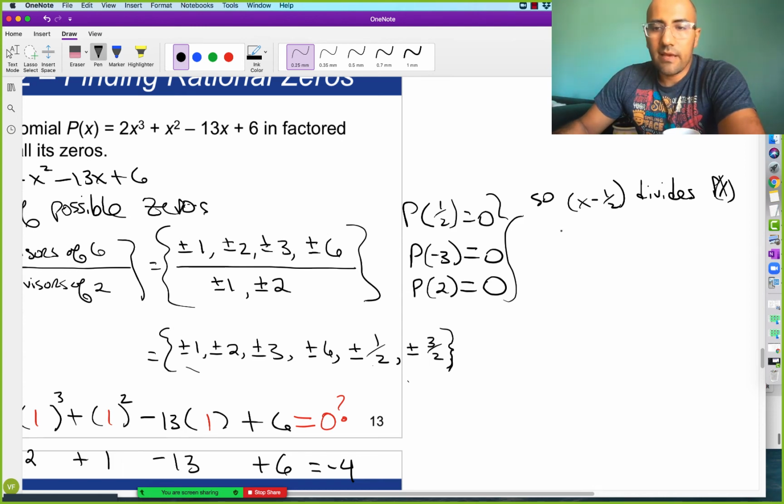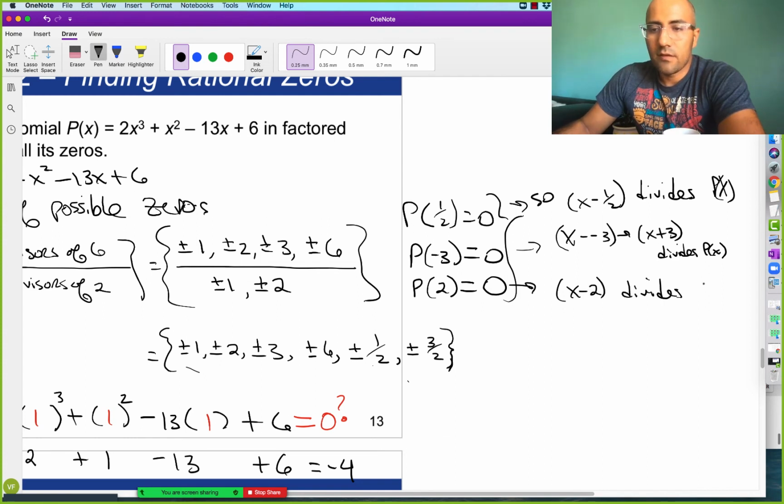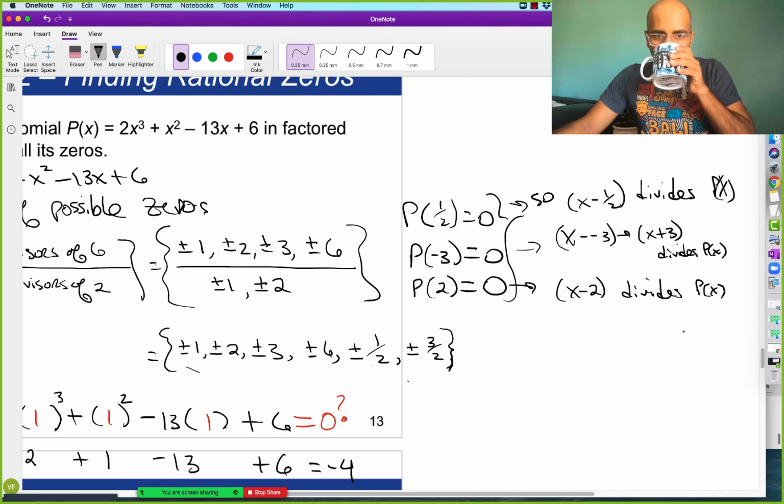It must mean that x minus -3, otherwise known as x plus 3, also divides p of x. And from here we know that x minus 2 divides p of x. Good. Questions?